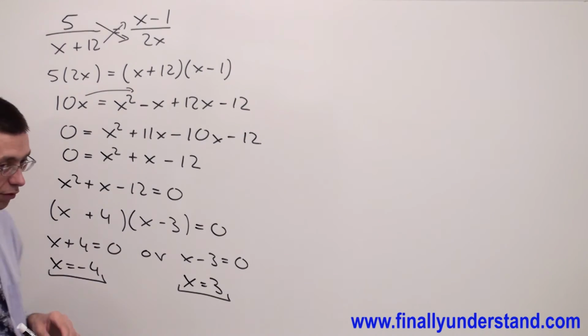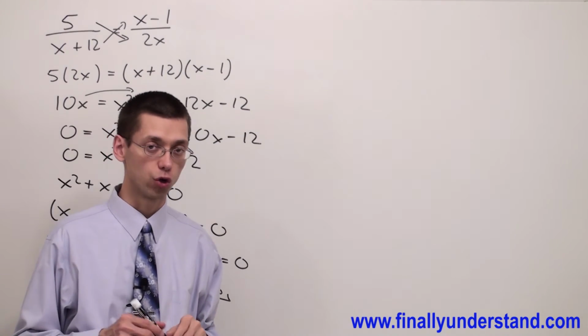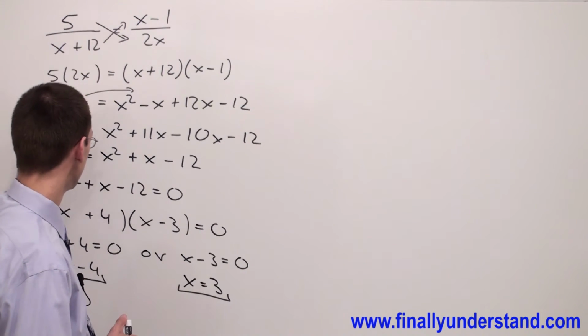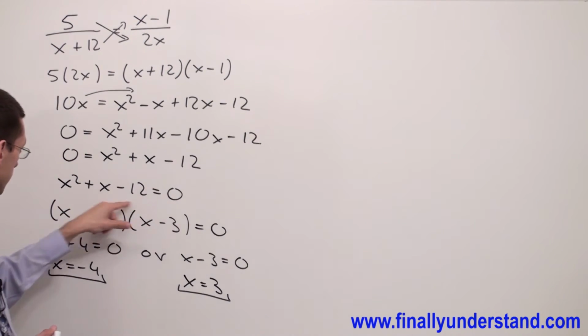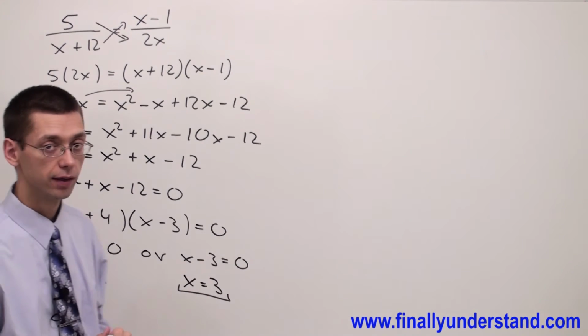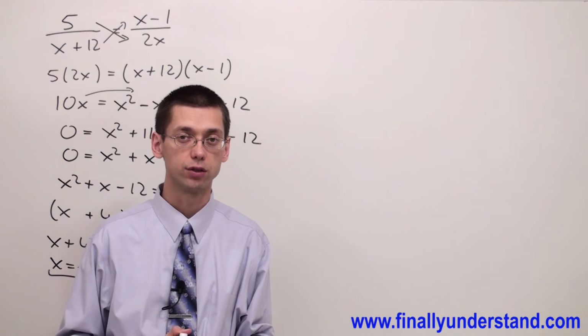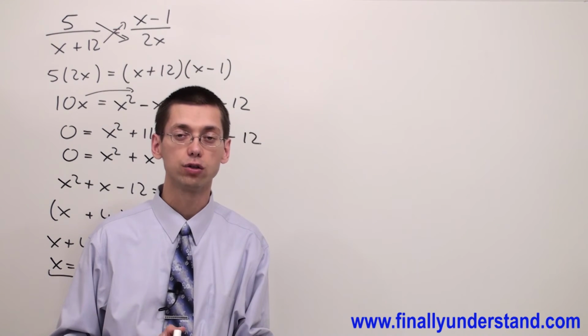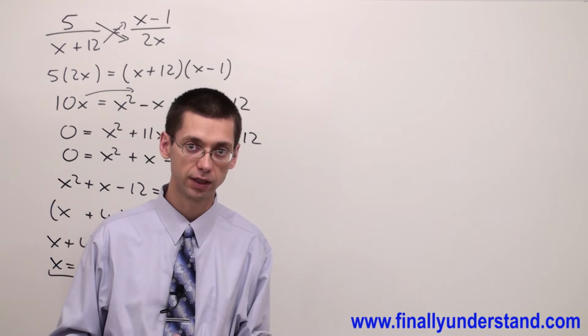If you want to verify if these answers are correct, you're supposed to use the original equation instead of this one. Why? Because in the original equation we have fractions, and you're supposed to keep in mind that we cannot have 0 in the denominator.